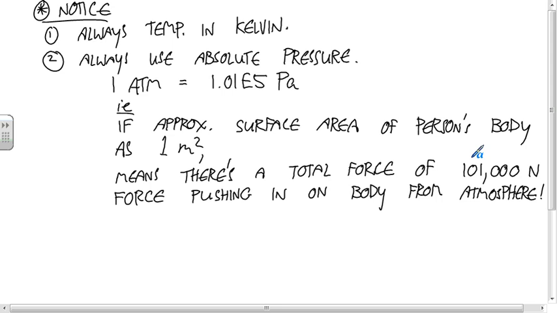The reason is that everything inside your body has atmospheric pressure too. So everything in your body is feeling this huge force from the outside pushing in that's being counteracted by a huge force from the inside pushing out. And the net effect is that you don't feel anything.